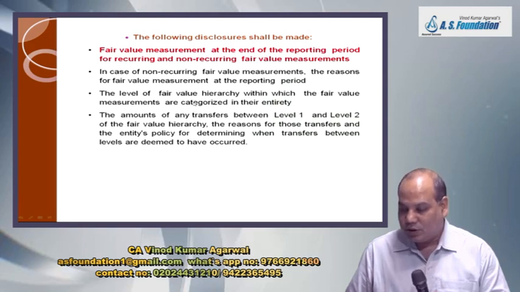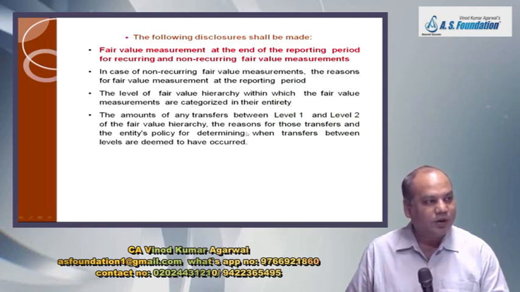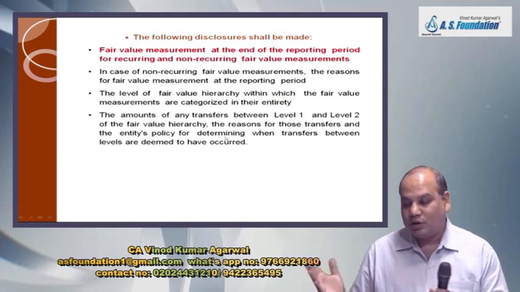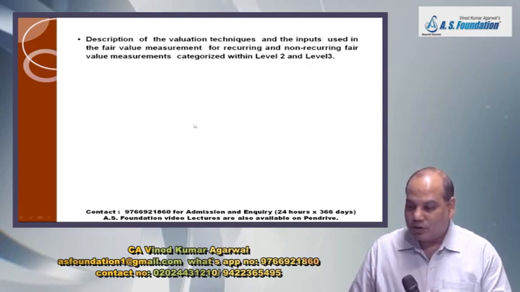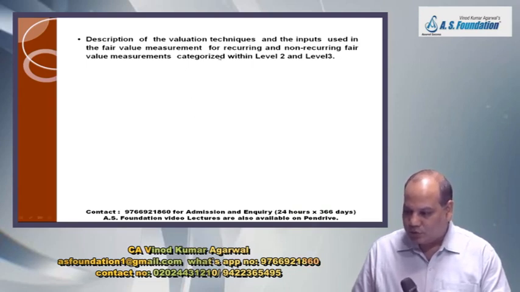So, in case earlier you have valued using level 1, now level 2, make disclosures. Which level you have used? If there is a movement shifting from level 1 to level 2, that you have to disclose. And in case of level 2 and level 3, you have to describe the valuation technique.